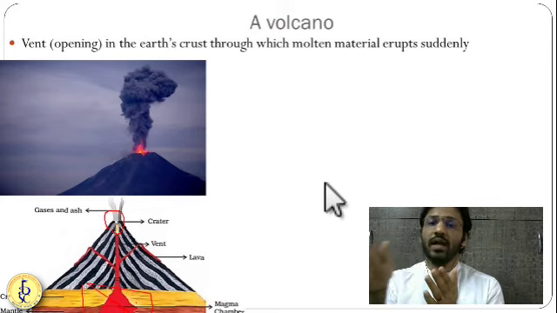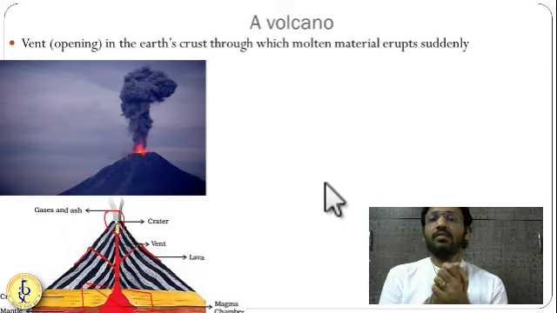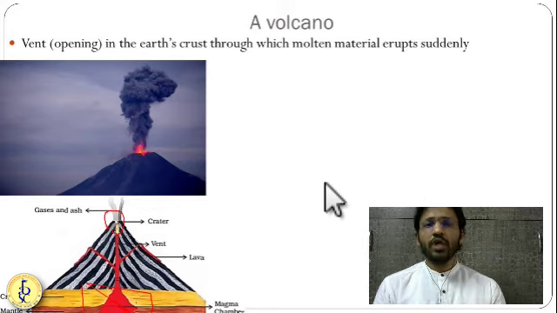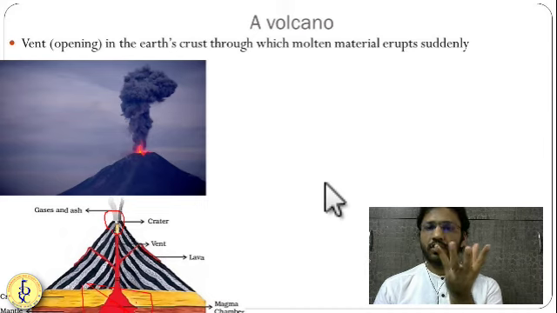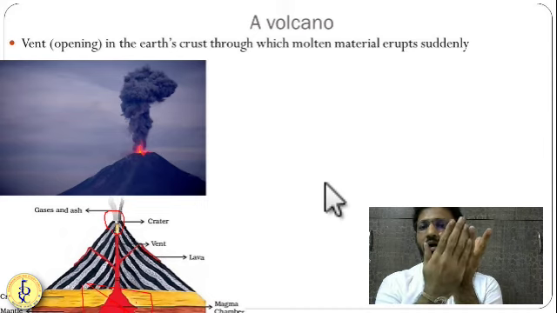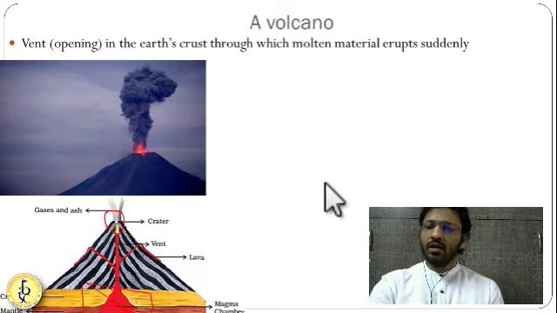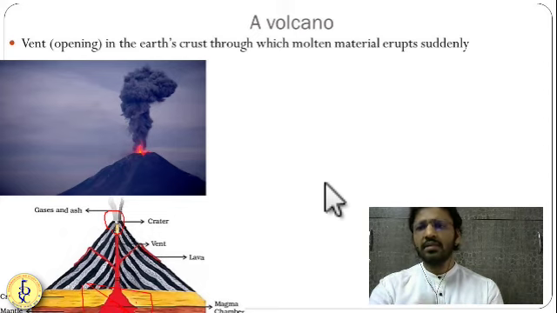Depending upon that, we will be classifying volcanoes into different types. I hope you have understood this is a volcano. A volcano is nothing but a vent on the surface of the earth through which magma rises, or erupts suddenly.